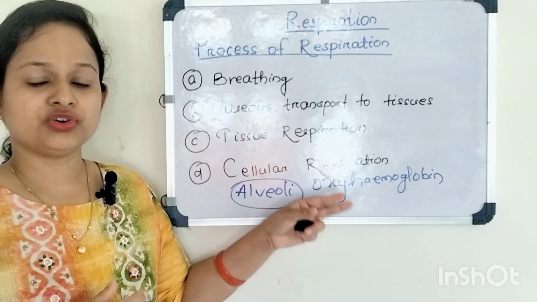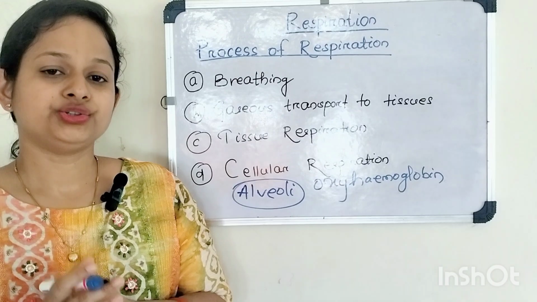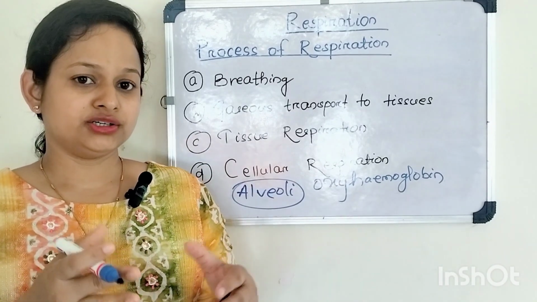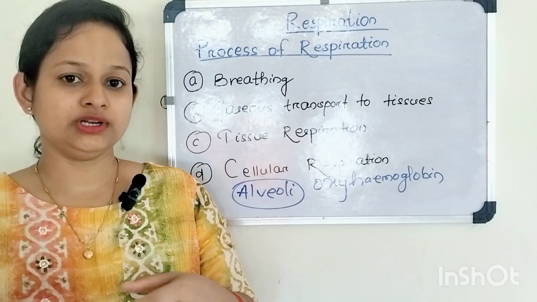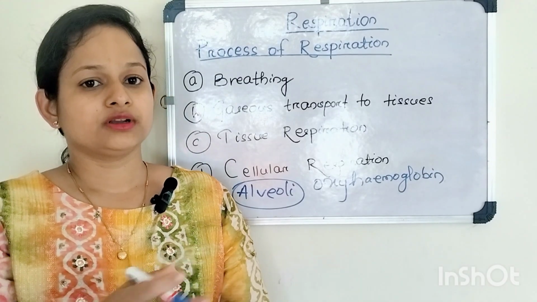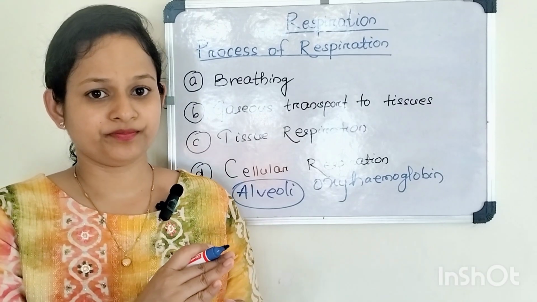In this form, the oxygen goes to different types of cells through arteries, and in return the cells give back the carbon dioxide into the blood that is present inside the lungs.